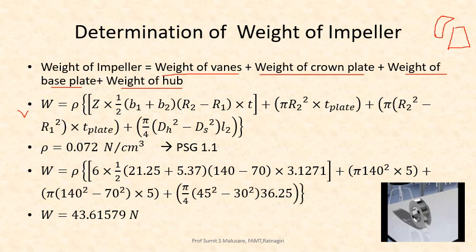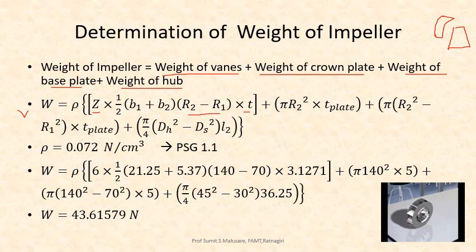Okay, so now the weight of the impeller W is equal to rho into the bracket, number of blades Z into 1 half into bracket B1 plus B2, that is nothing but the summation of parallel sides, into the distance between the two parallel sides, nothing but R2 minus R1, into thickness T, plus pi into R2 squared into thickness of plate, that is the weight of the crown plate, the entire plate. But now for the crown plate, there should be a hole on one side for the entry of the water.